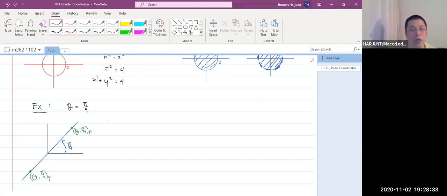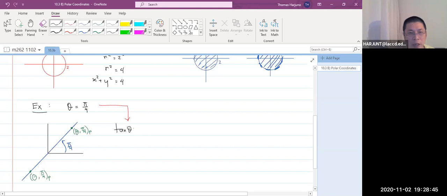How do we show that this polar equation here represent y equals to x? Now, we know tangent theta represent y over x. So I apply tangent to the theta, I get y over x, and tangent pi over 4 is 1.